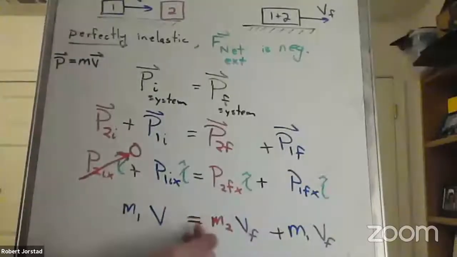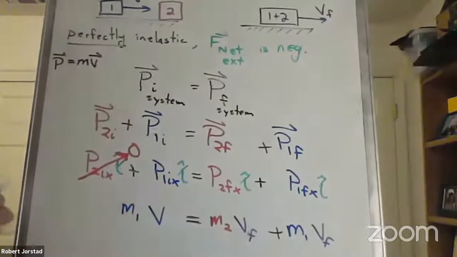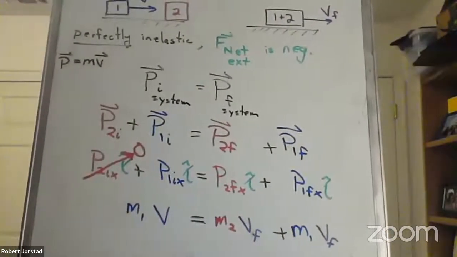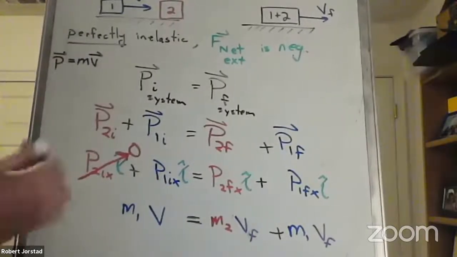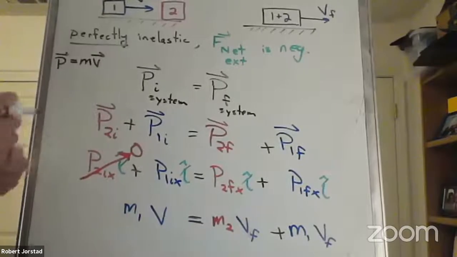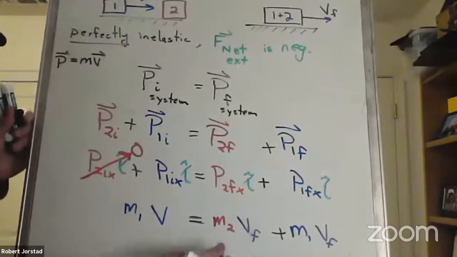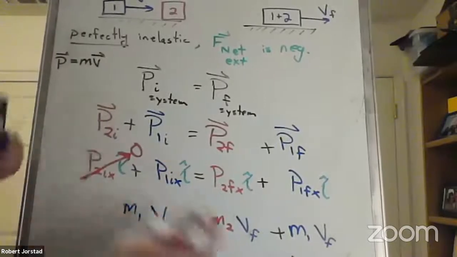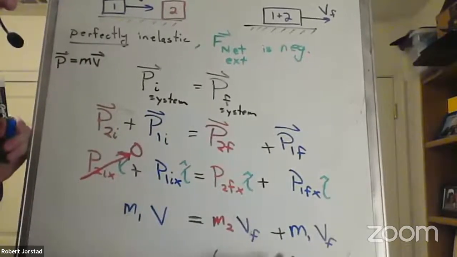So now I could actually group these another way and solve for V final, I think. Isn't that what we were supposed to solve for? I think so. So when I group these, we get M1 plus M2. Wait, that's M1.